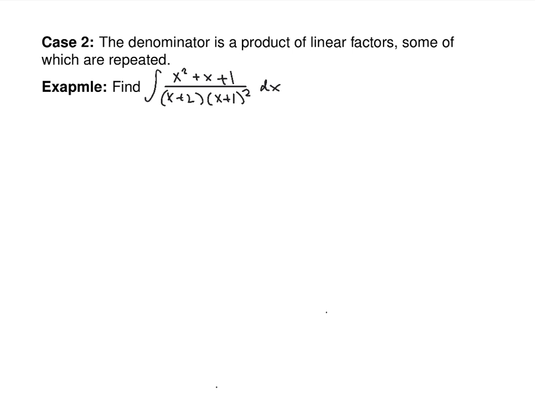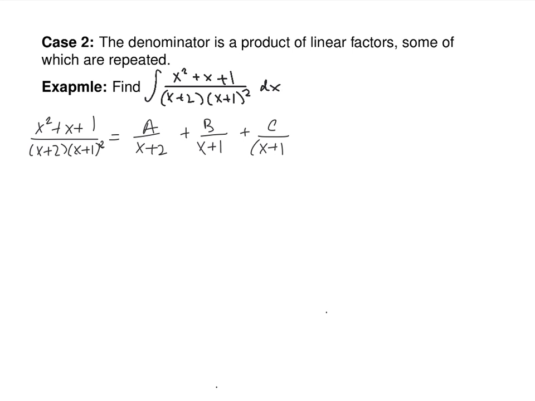So that theorem that we can't really prove to you says that when you break this down, where x squared plus x plus 1 over x plus 2 times x plus 1 squared, where that had to come from is some number a over x plus 2 plus some number b over x plus 1, and then plus some number c over x plus 1 squared.